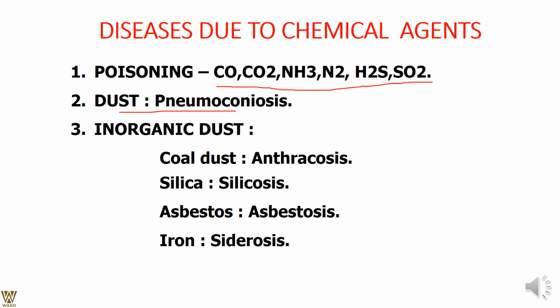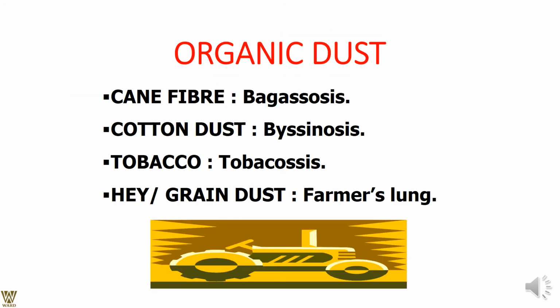We are talking again of foreign particles being present in your organs: asbestos, iron, siderosis. So with coal dust we can have anthracosis, with silica we have silicosis, with asbestos we have asbestosis, and iron with the siderosis that we come across.